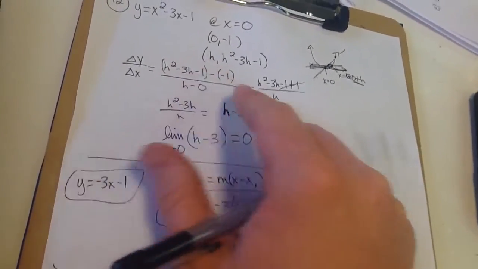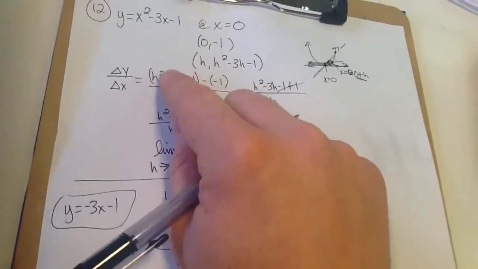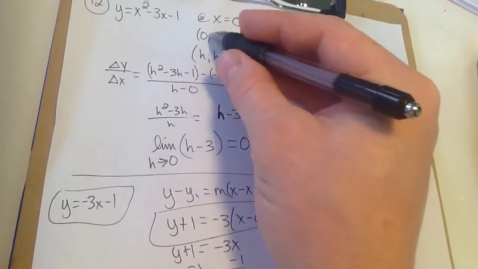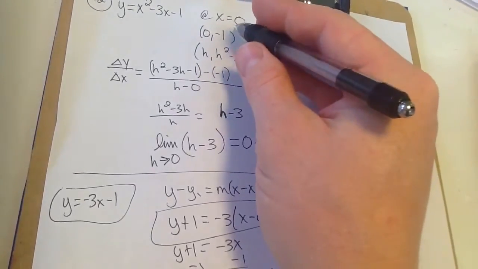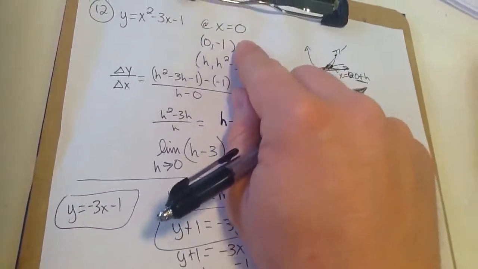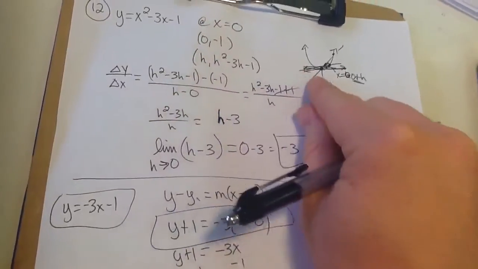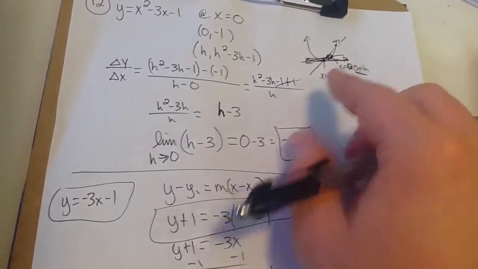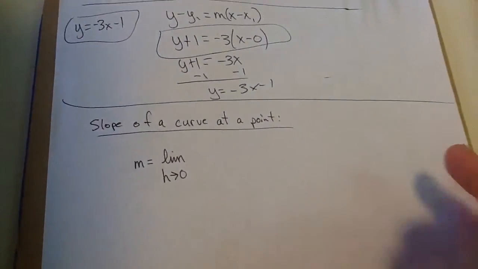And what this was, we took some value x. For x, we took 0, and we just added h to it. So that's pretty much x plus h. But when we write this formula, we don't really put an x in there.